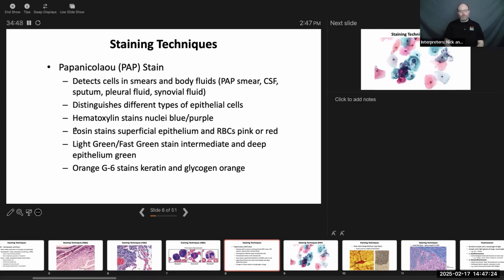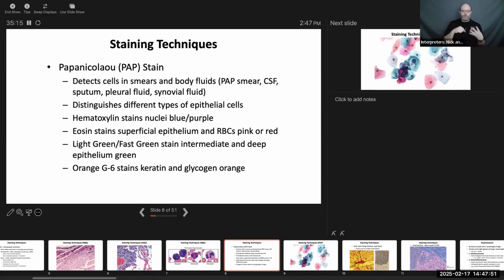So the Pap stain consists of four different stains. So it's got your standard H&E. It's got hematoxylin, which is going to stain the nuclei blue or purple. You've got eosin, which is going to stain red blood cells red, but also any kind of superficial epithelial cells. Those cells that were right at the surface of an epithelial membrane are typically going to stain either pink or red.